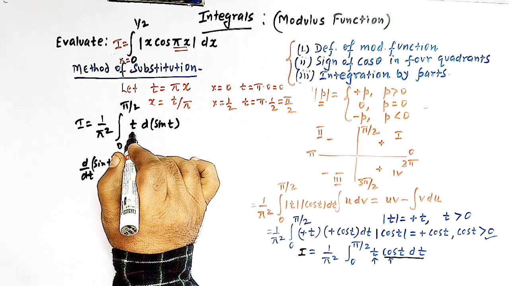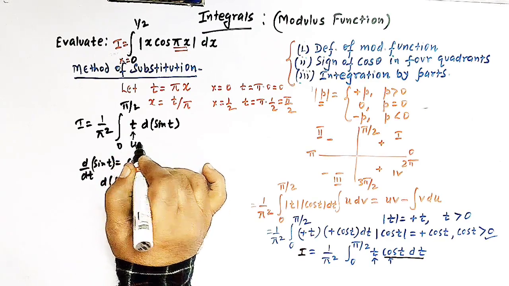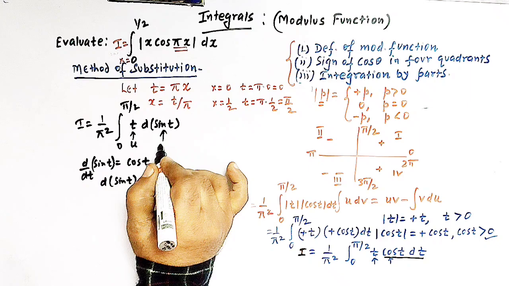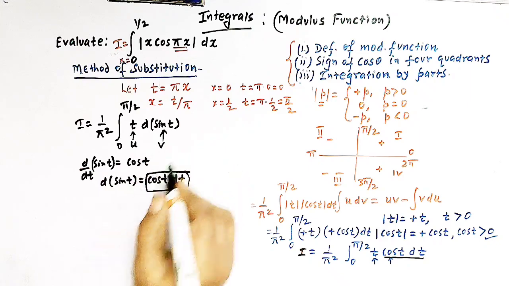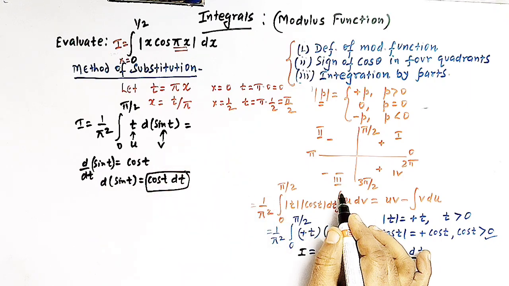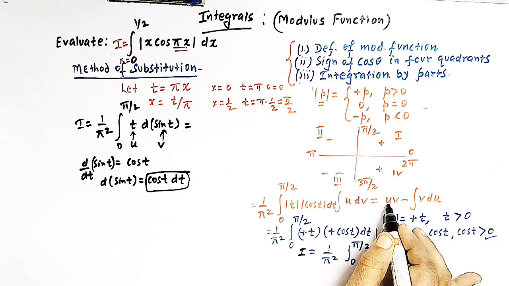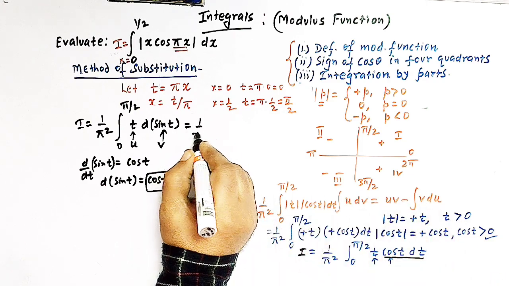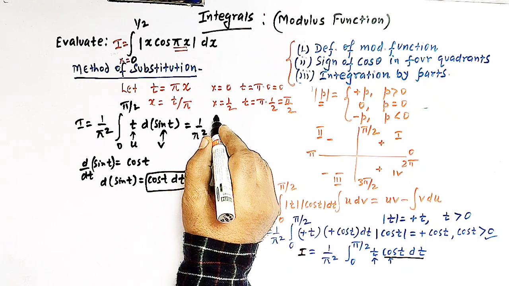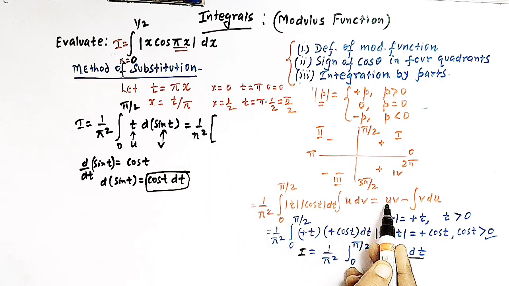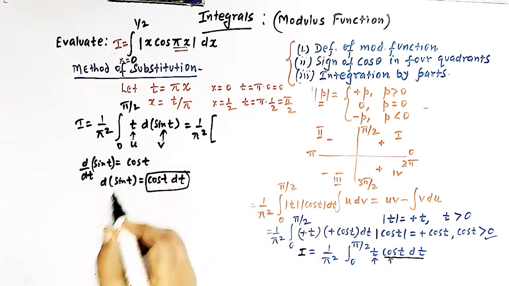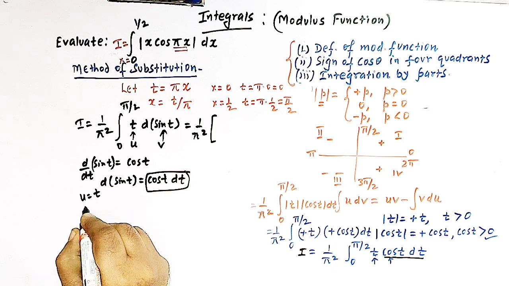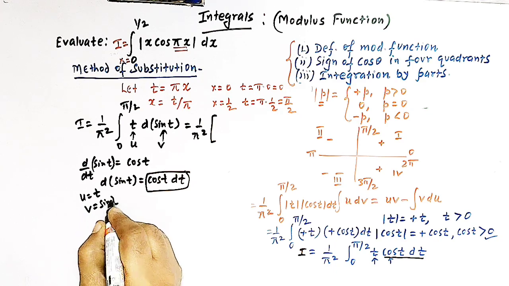So now we can take this function as u and this function as v. So using integral u dv is equal to uv minus integral v du, we can now write 1 over pi square, and then we have u times v. So u is t and v is sine t.